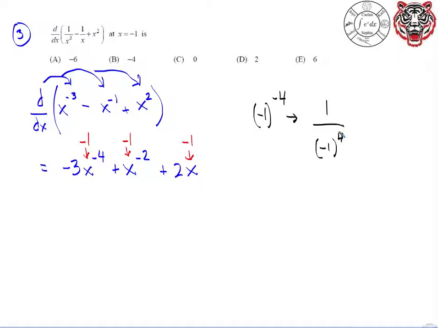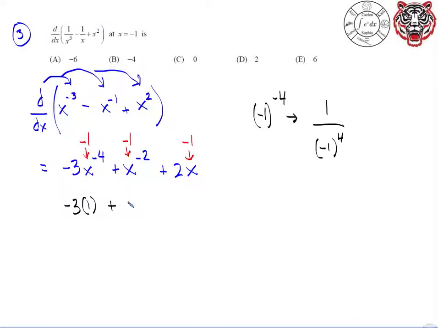Beautifully said. All right, so this turns into -3 times +1. Second term, do it for me: -1 to the power of -2.